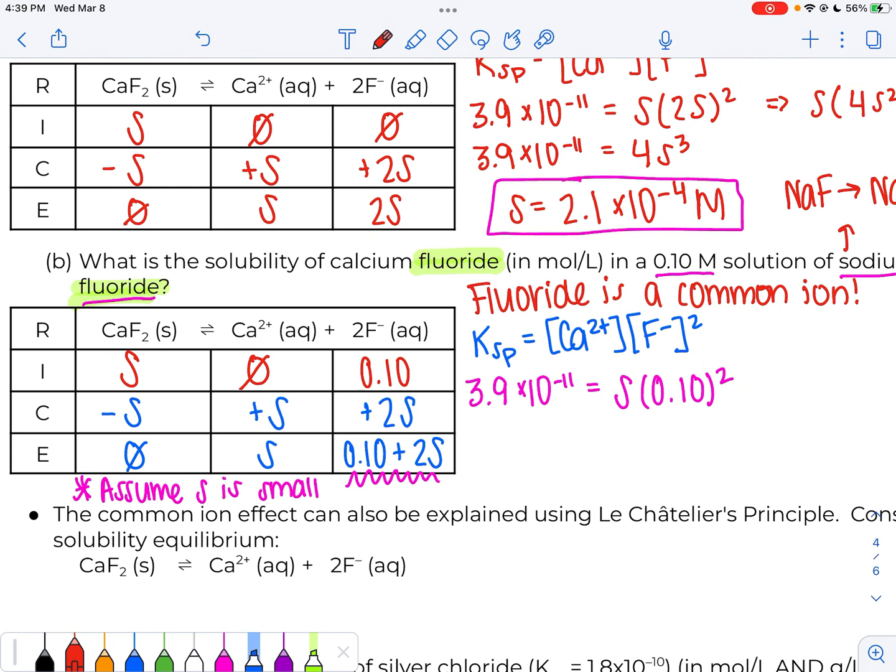So let me just rewrite this. We have 3.9 times 10 to the negative 11th. When we take 0.1 and we square it, we get 0.010, and then the S just remains as S. So solving for S, we divide out by 0.01, and we end up with the value 3.9 times 10 to the negative 9th molar.